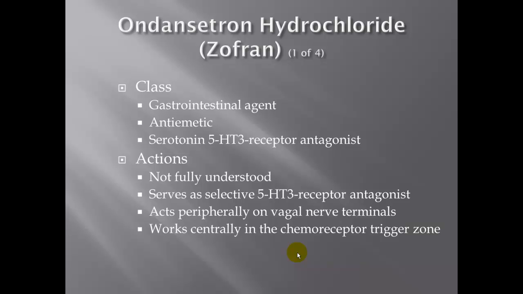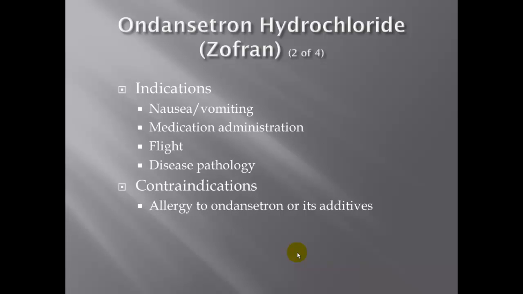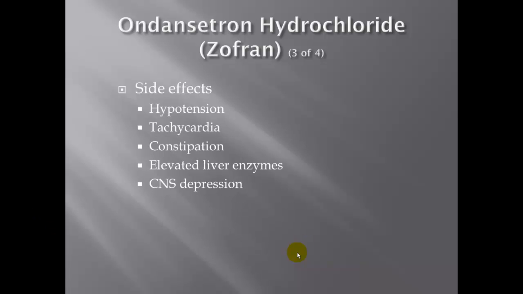Acts peripherally on the vagus nerve terminals, and works centrally at the chemoreceptor trigger zone. Indications: nausea and vomiting, medication administration, flight, disease pathology. Contraindications: allergy to ondansetron or its additives.